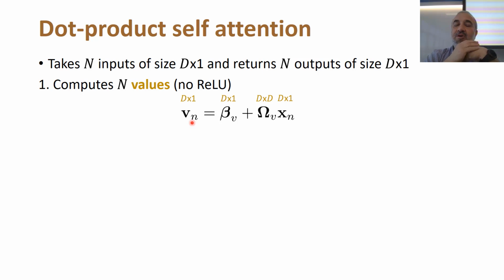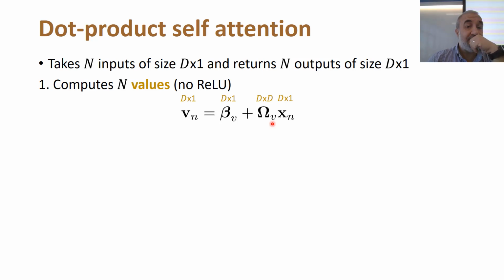Notice something different, which is the subscript of the weight matrix and the biases. Look at the weight matrix. What's the subscript here? V. It's not n.